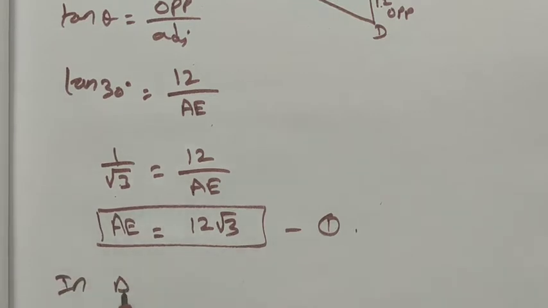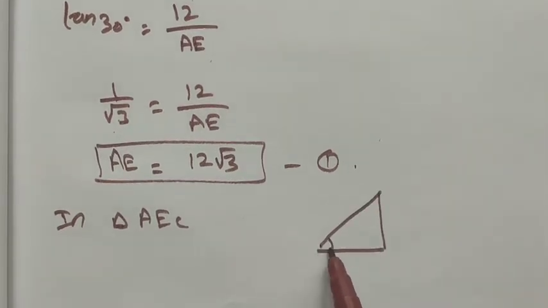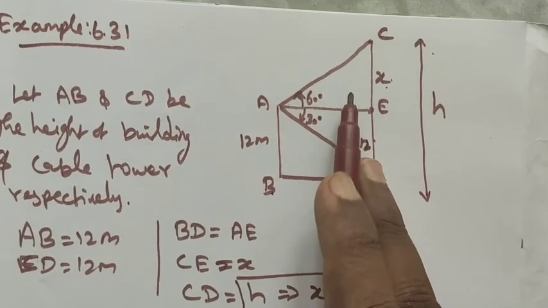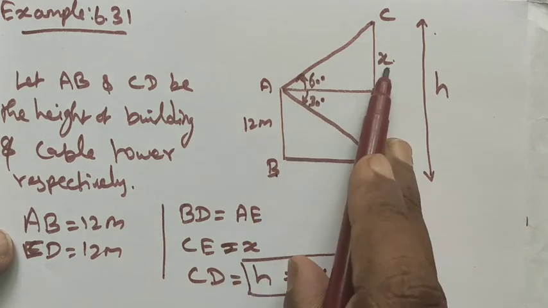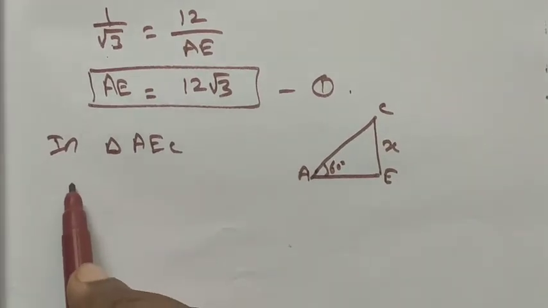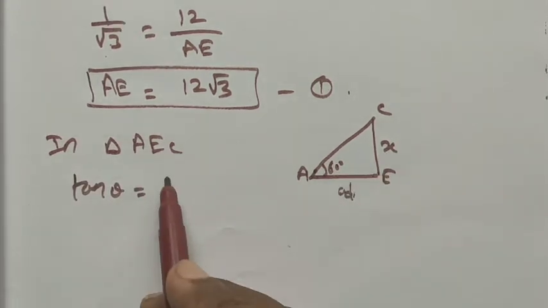Then I take the triangle AEC. See, the triangle AEC is like this. This is A, angle 60 degrees, AEC, and this is X. In this triangle AEC, with angle 60 and X, here also tan theta is equal to opposite side divided by adjacent side.